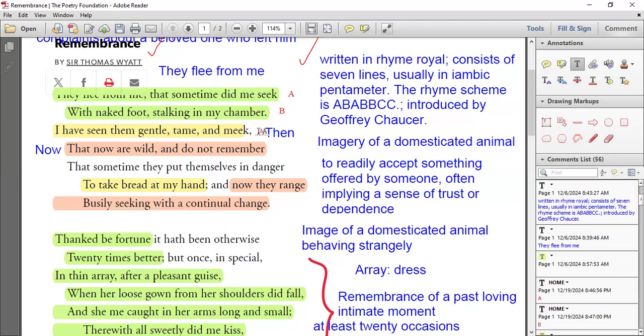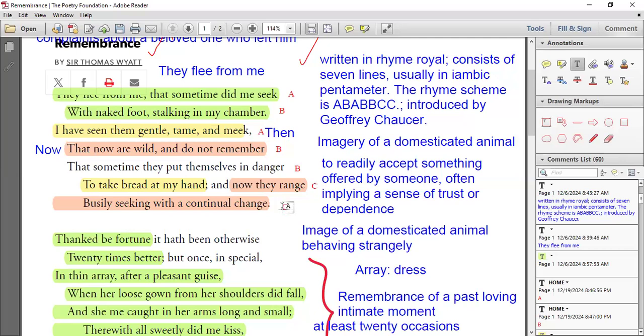They rhyme, the first and third. Then the second and the fourth. Chamber, remember. And then come to danger. Even this rhymes, the last sign. Then range, change.